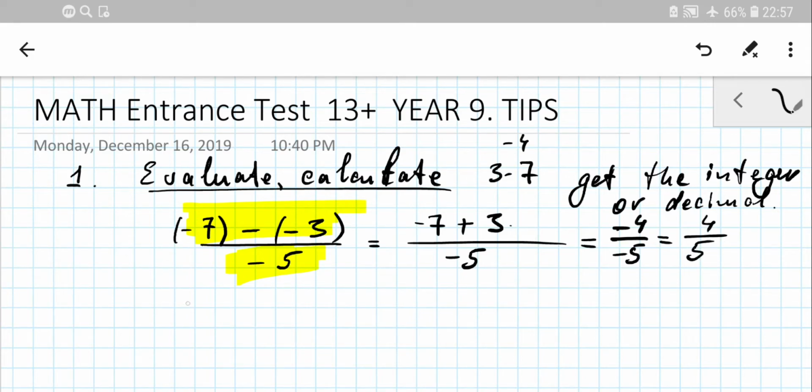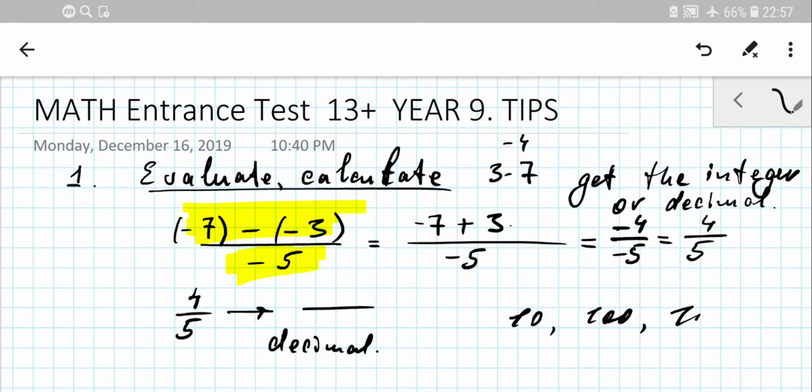Now just remember how to get from 4 over 5 to a decimal. To get a decimal, you need your denominator to be 10 or 100 or 1000 and so on. So you're thinking about which number to multiply by. Obviously it's 2, so you multiply the top and the bottom by 2, and you get 8 over 10. That means your final answer is 0.8. So that's how it works without calculator.